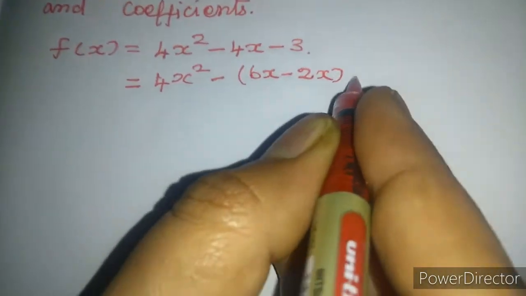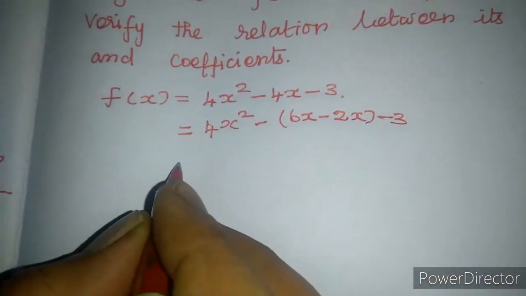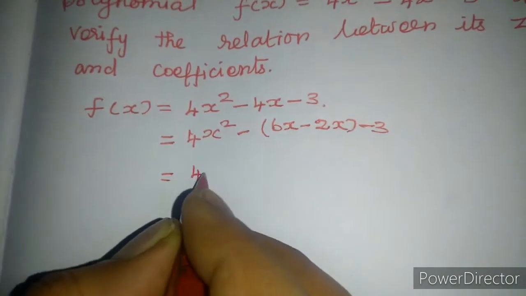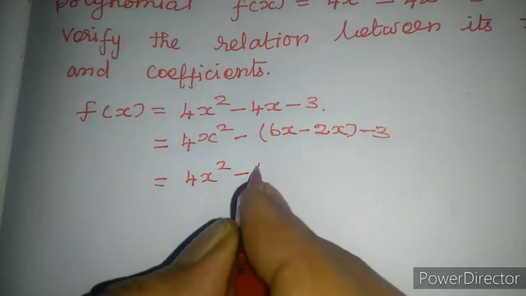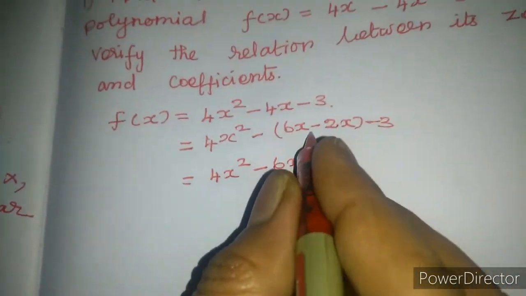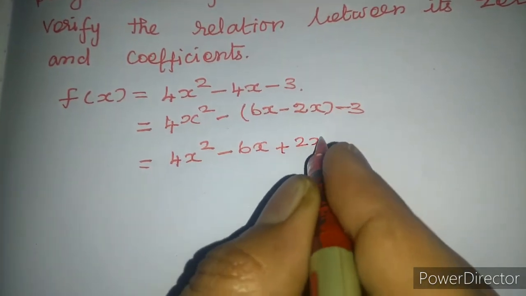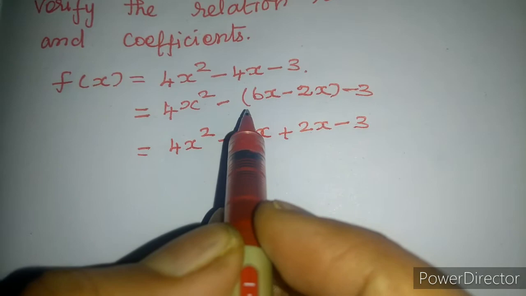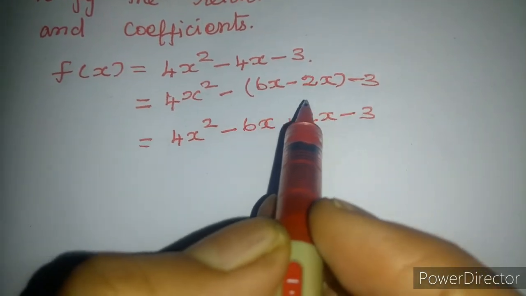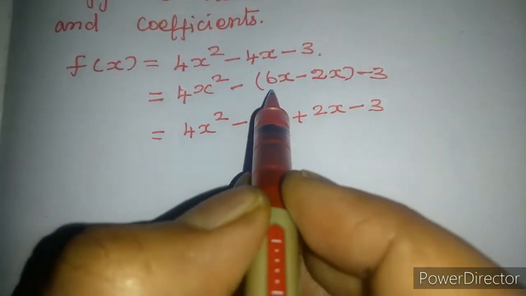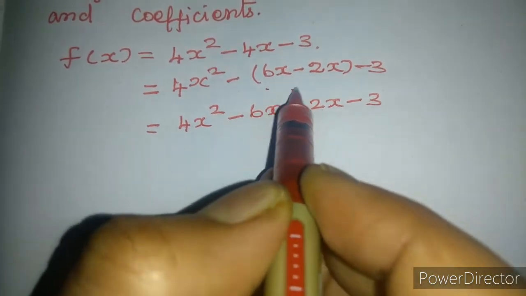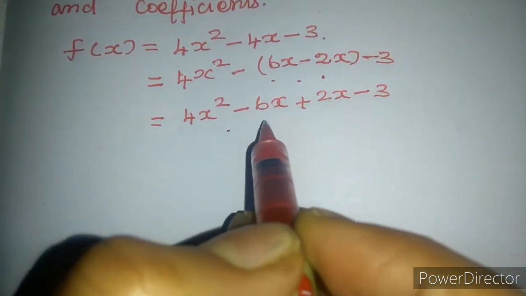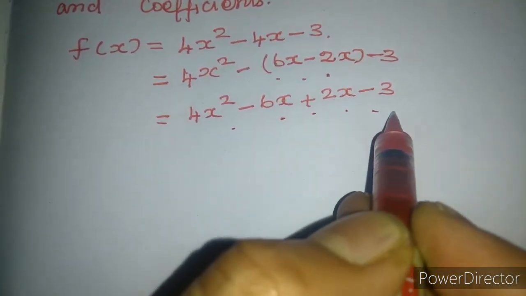I am going to use splitting the term. So here 4x is 6x minus 2x. So 4x square minus 6x plus 2x minus 3.